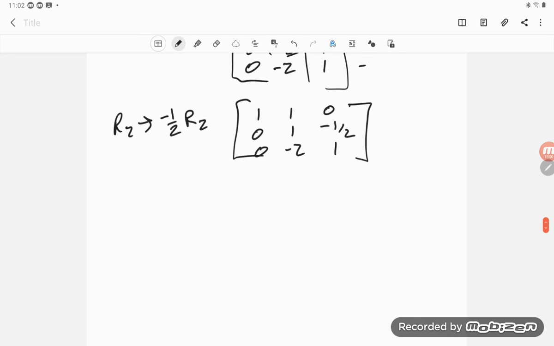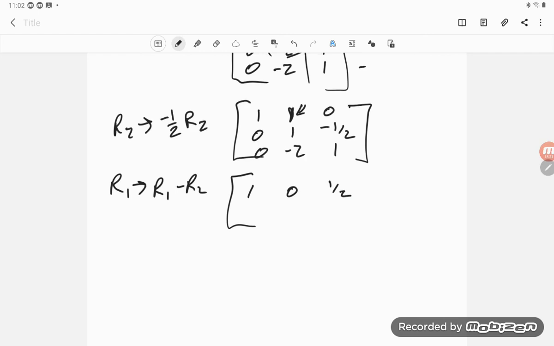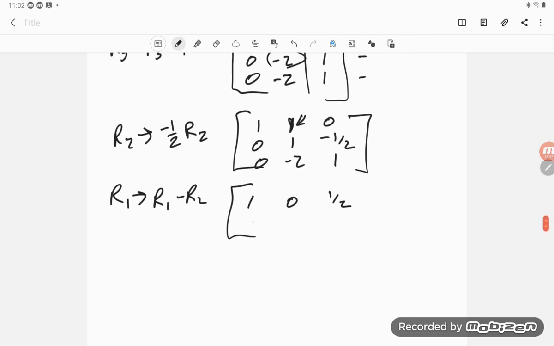Okay, now I want to get rid of the 1 up here. So I'm going to take row 1 and turn that into row 1 minus row 2. And so I have 1, 0, and a positive 1/2. Nothing with these other two, so I keep those. 0, negative 2, and 1.